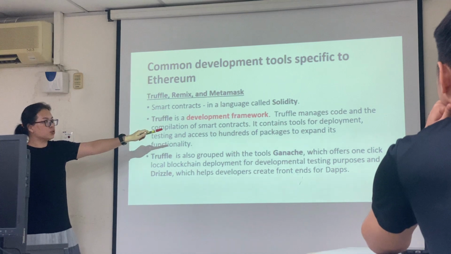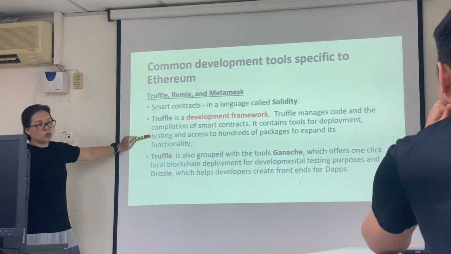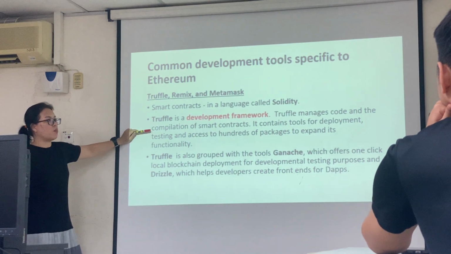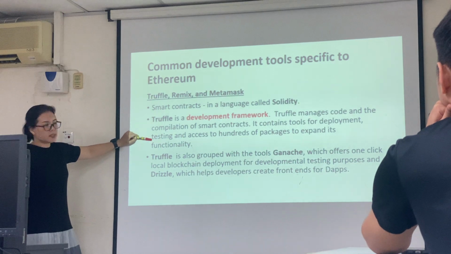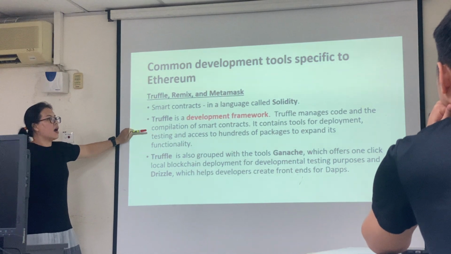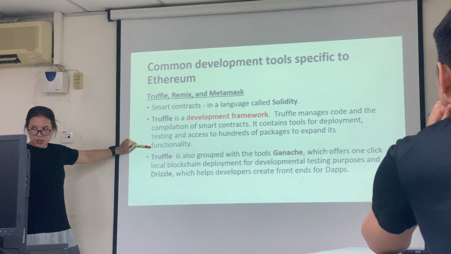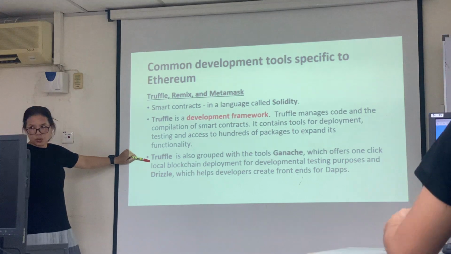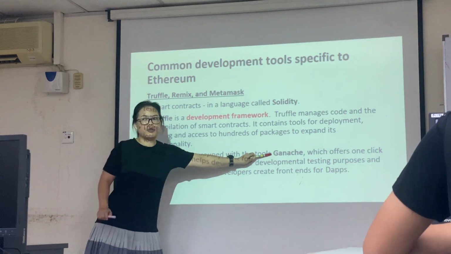It contains the tools for us to deploy our contract, to deploy our DApp, do testing, and access hundreds of packages to expand our functionality. So Truffle is actually grouped with Ganache. They are used together with Ganache.